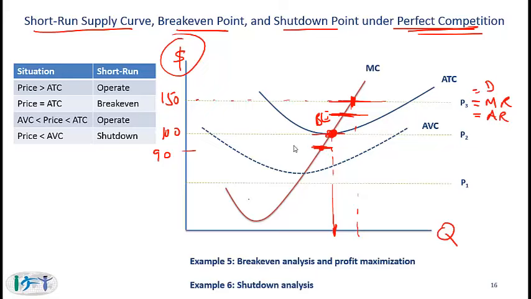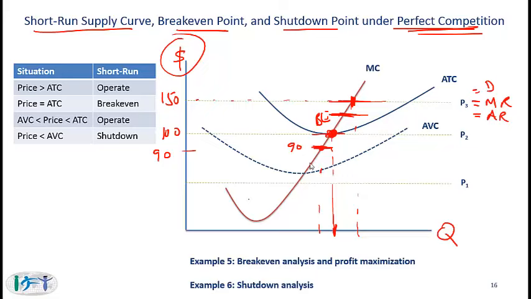So on average, the revenue is 90. This 90 is still more than the average variable cost for this particular quantity. Since the revenue or the money made per item is more than the variable cost, in the short run, the firm will continue to operate.